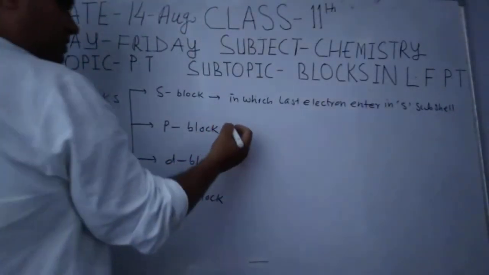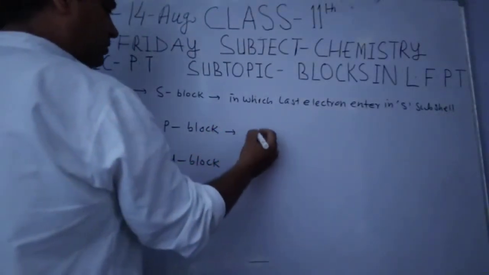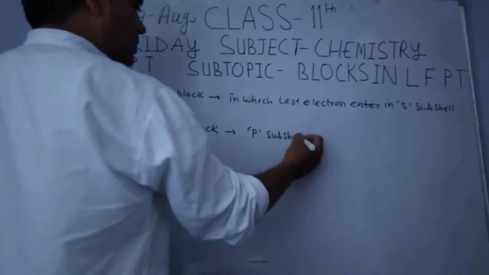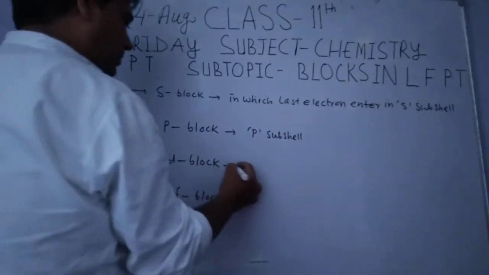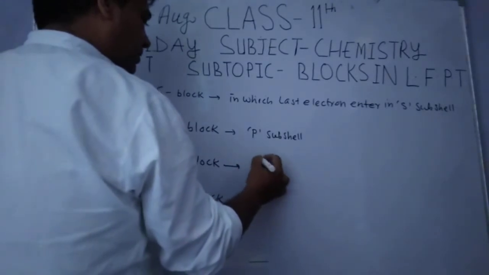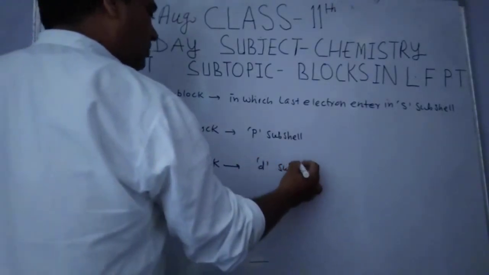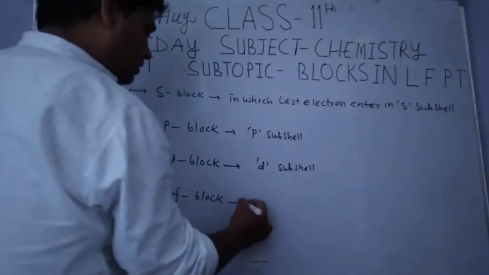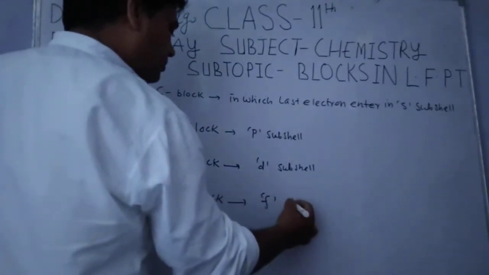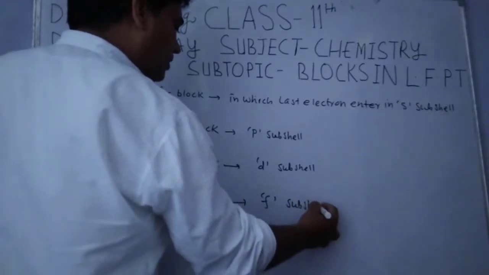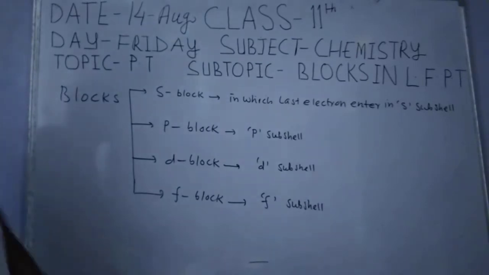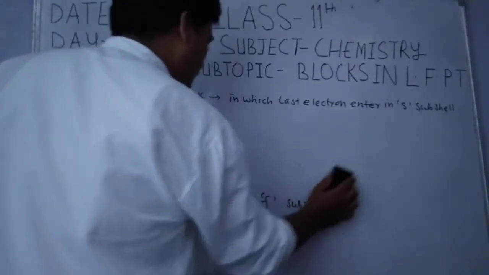P block elements are those elements in which last electron enter in P subshell, and D block elements are those elements in which last electron enter in D subshell, and F block elements are those elements in which last electron enter in F subshell. In previous video I have discussed these particular points. So I am going to discuss S block.